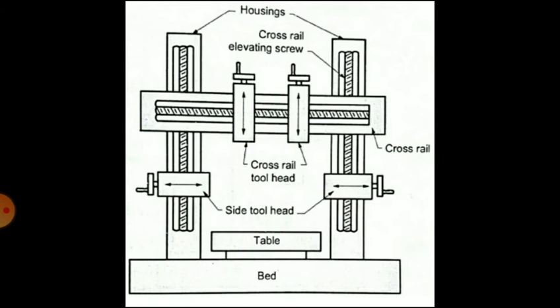So the different movements that you can obtain in a planing machine: the table that is reciprocating; the side tools mounted on a column that can be moved in an upward or downward direction; the tool head that can be moved in a cross direction to adjust the depth of cut; the cross rail that can be moved in an upward or downward direction; and the cross rail tool heads that can be moved in a horizontal direction along the cross rail and also in a downward direction to give the depth of cut.